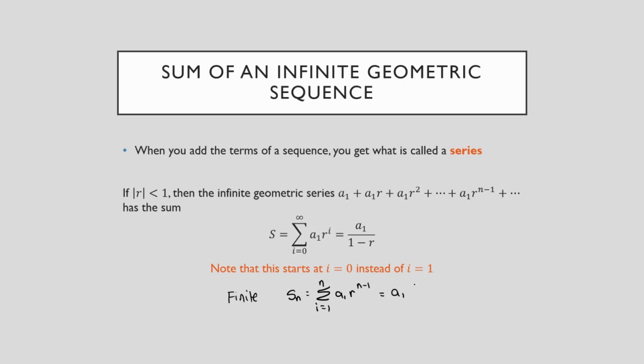As a comparison, the denominators of the fraction parts are the same, and they're still multiplying by a1. What's different is the top: for the finite you have a 1 minus r to the n, but you don't have that in the infinite series.